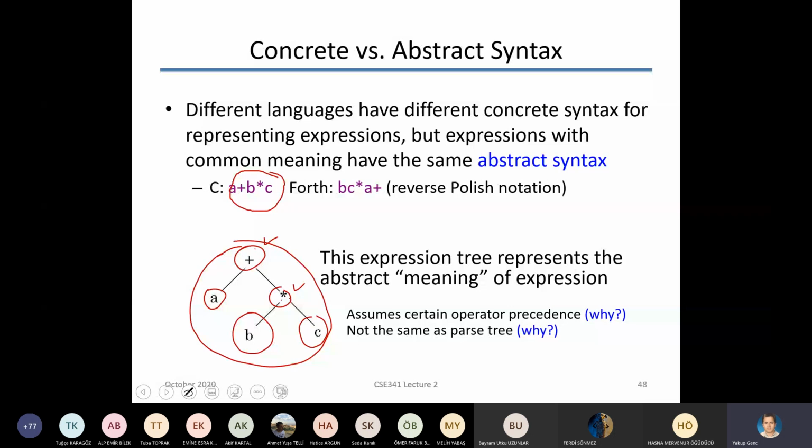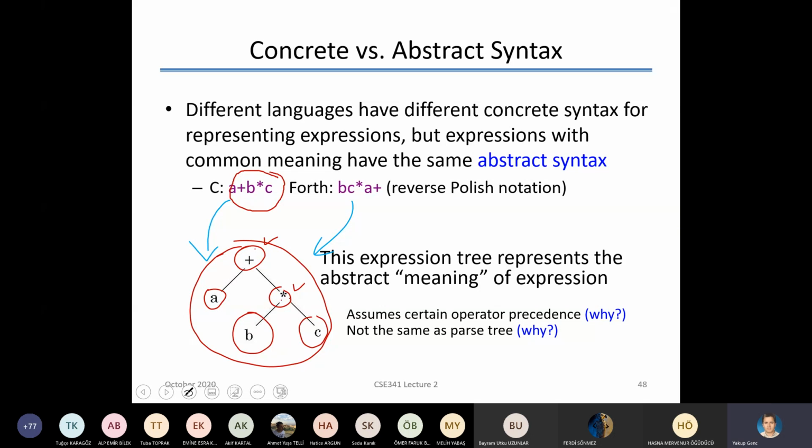Now, it is, however, not clear that going from here to here, you can get to a unique expression tree. So you need to define the concrete syntax. But the question is, if I start from A plus B times C, do I get to this particular expression tree?